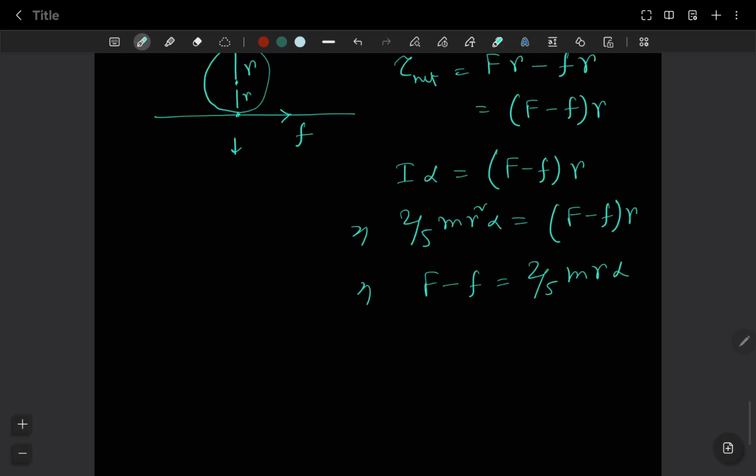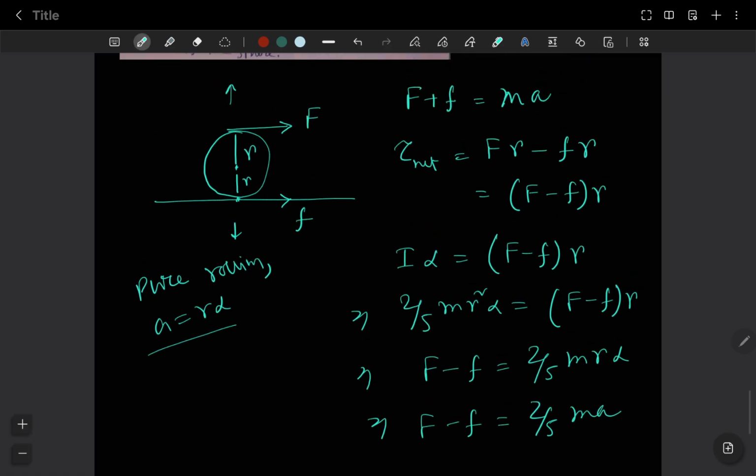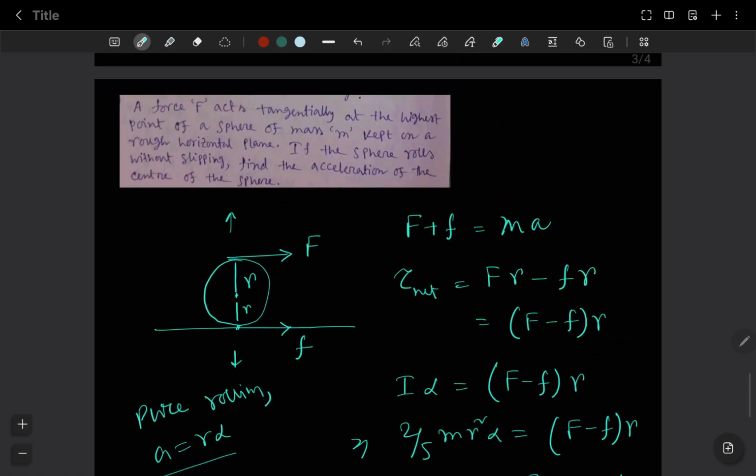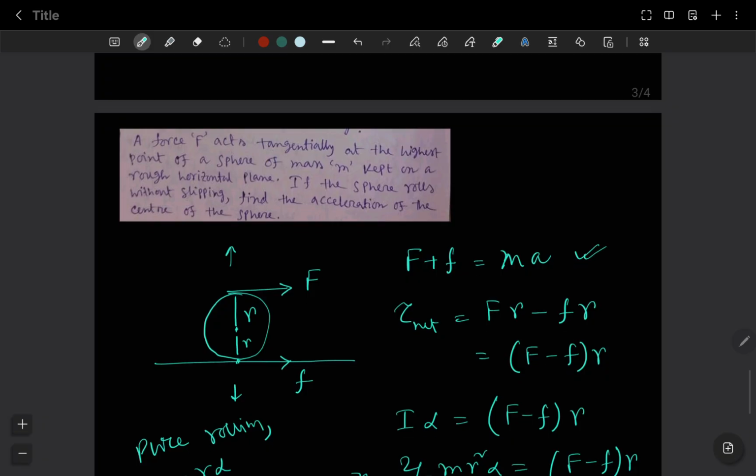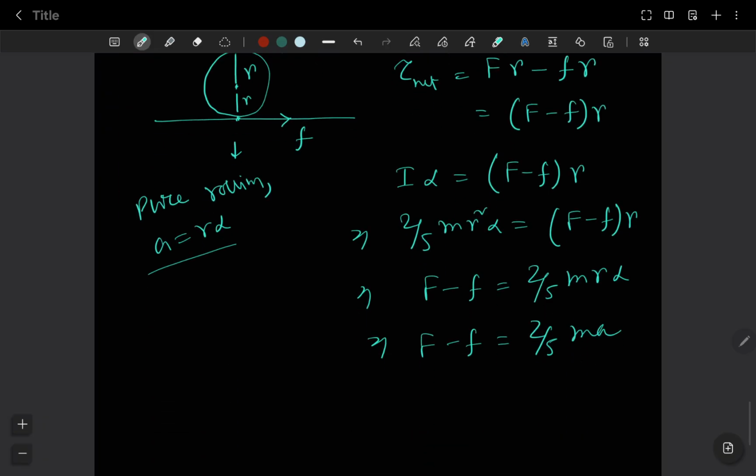We know for pure rolling a equals R alpha, so F minus f is 2 by 5 ma.